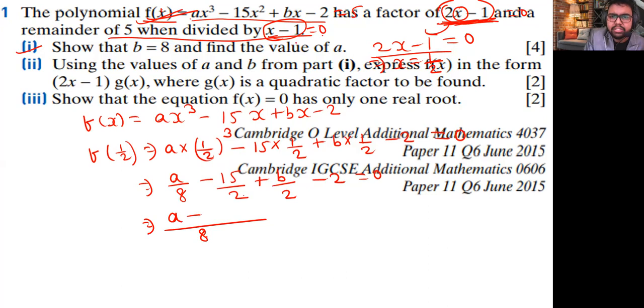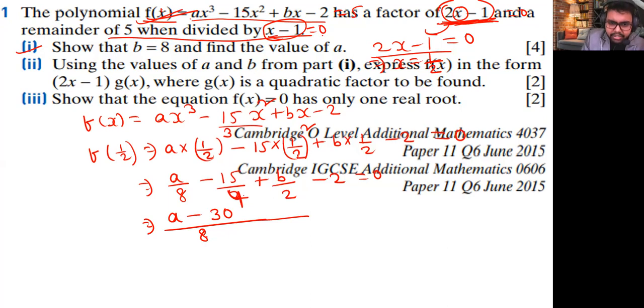Here actually it was x square. In the function it is 15x square, and here I have not written that square. I made a mistake. So here it would be 15 by 4. So 4 times 2 would be 8, and it would be minus 30.